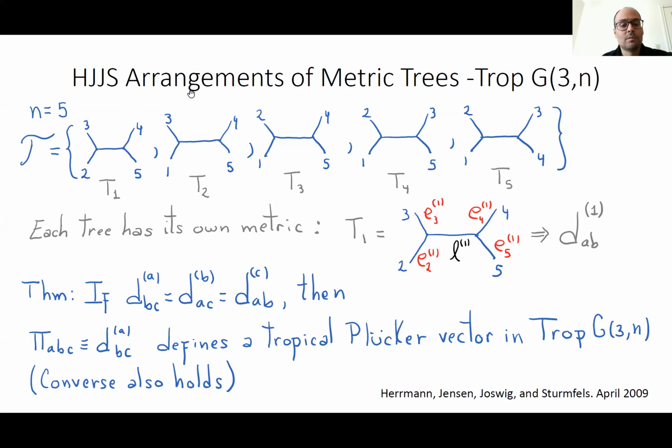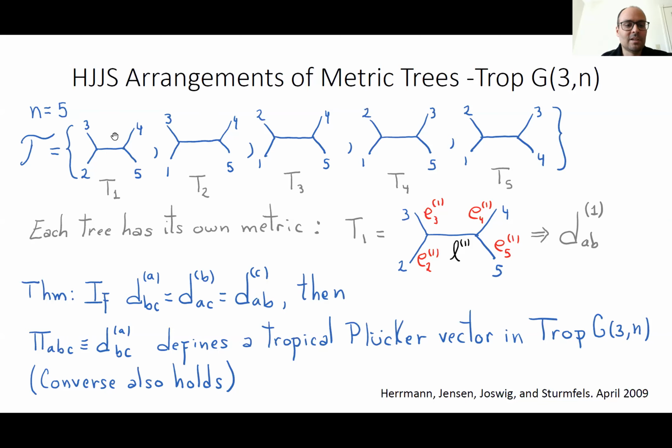And this goes by the name of arrangements of metric trees. So for 5 points, an arrangement of metric trees is a collection of 5 trees, not defined on 5 labels, but each one of them is defined only on 4 labels, where the ith tree is defined on 4 labels obtained by removing the ith label from the set 1 to 5.